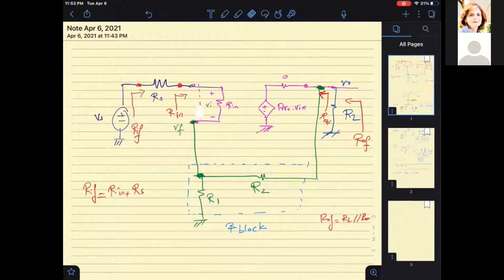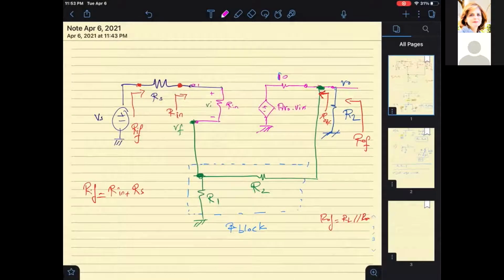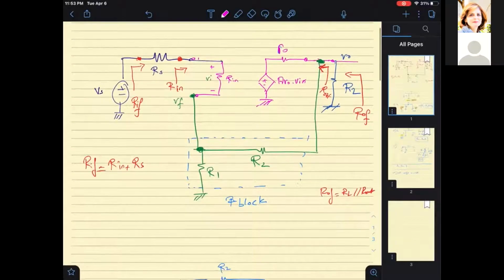Okay, this was my A circuit. And this is RO. So now to build the modified A circuit, what I really need to do is now remove the beta block from both sides and replace it by its effective load.